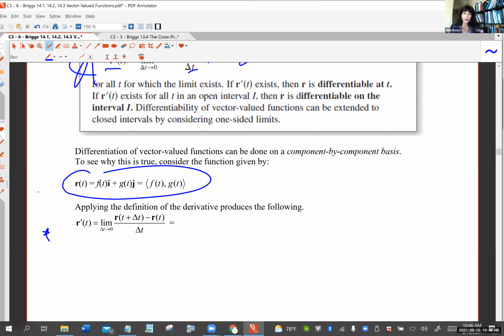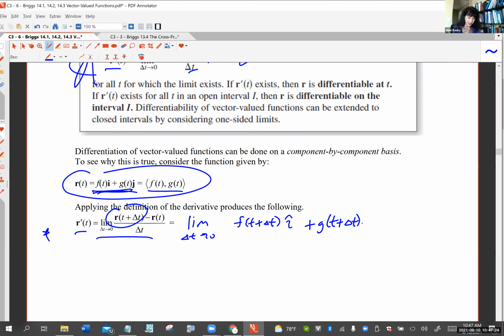So here's your vector valued function, and it's given to you in two different formats. One is the linear combination of the standard unit vectors i and j, and then my favorite, component form. Now, if somebody says, go get r prime, and you've got this limit definition, r evaluated at t plus delta t, using the i and j notation, would look like f of t plus delta t i hat plus g evaluated at t plus delta t j hat.